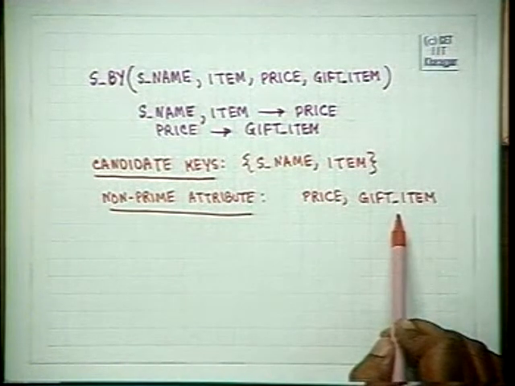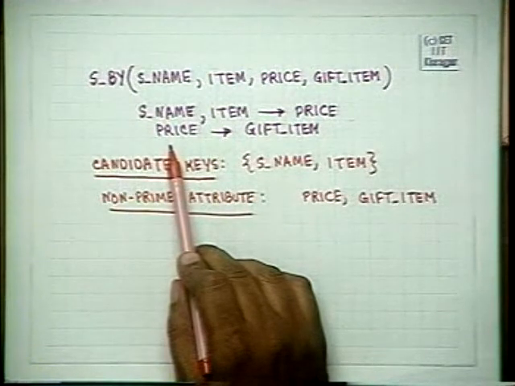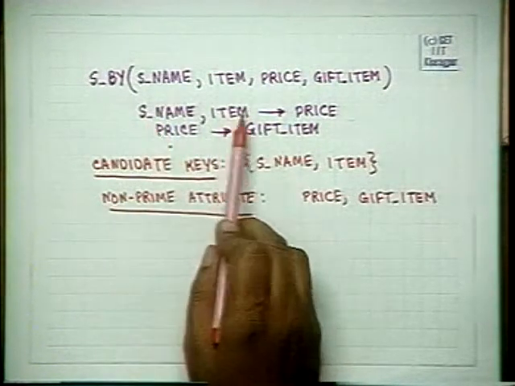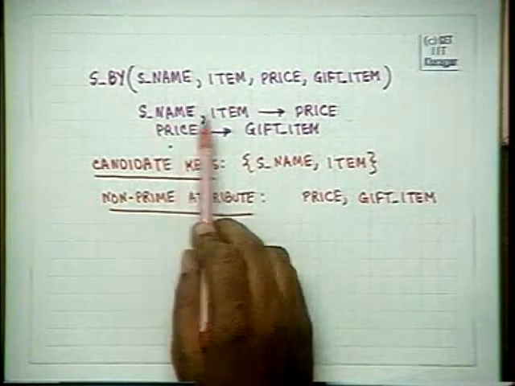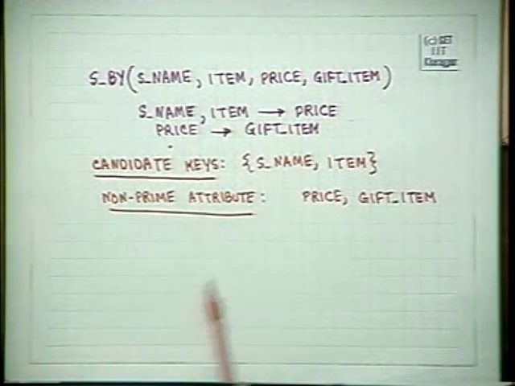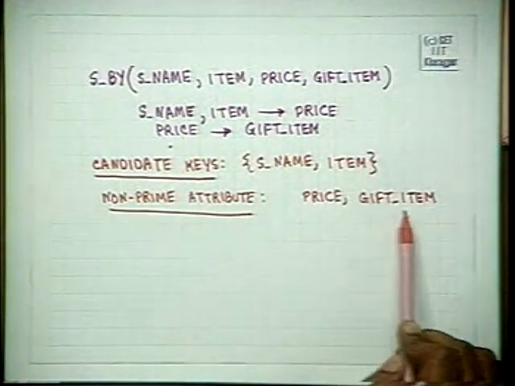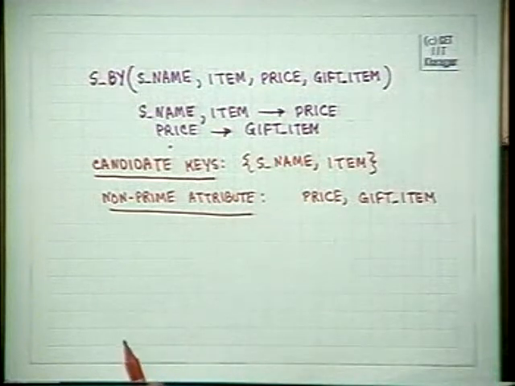Gift item, since gift item is dependent on price, by transitivity is also fully functionally dependent on supplier name and item. Therefore, price is fully functionally dependent on this, and gift item is also fully functionally dependent on this. So this relation is in 2NF, but there is still a problem.